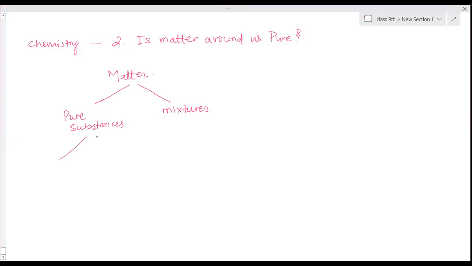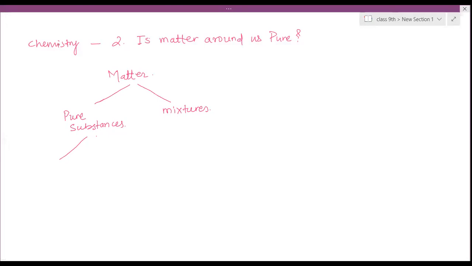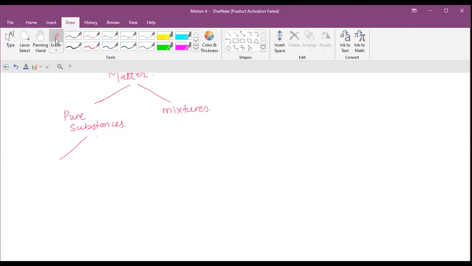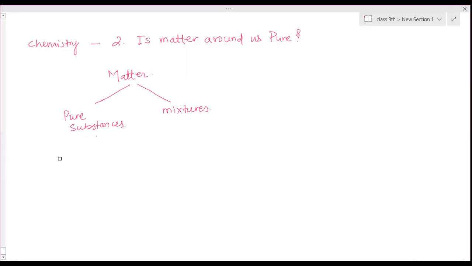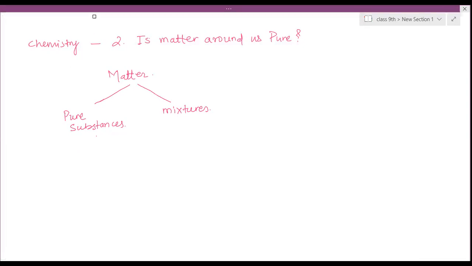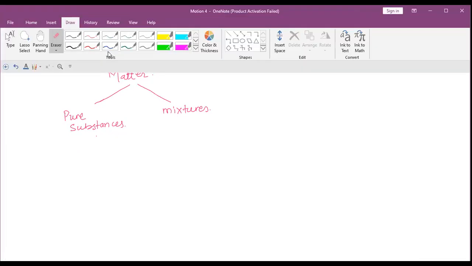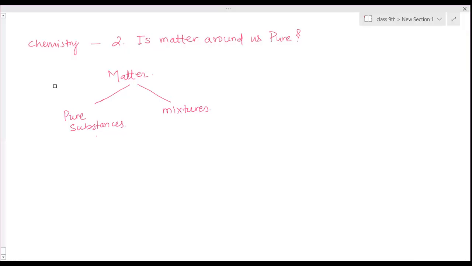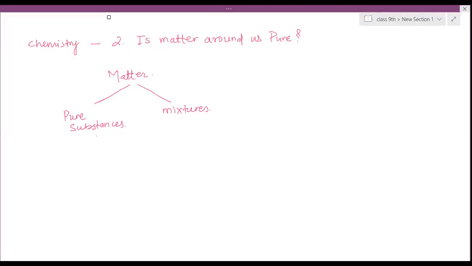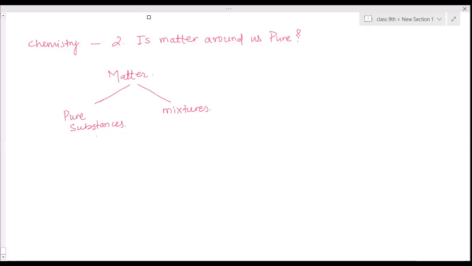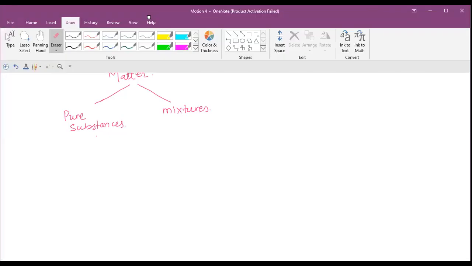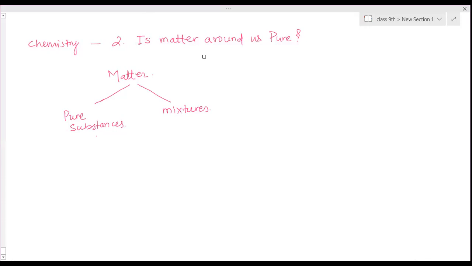Further, what are pure substances? Elements and compounds. The substances which have the same type of atom or molecule are called pure substances, which are the same throughout.